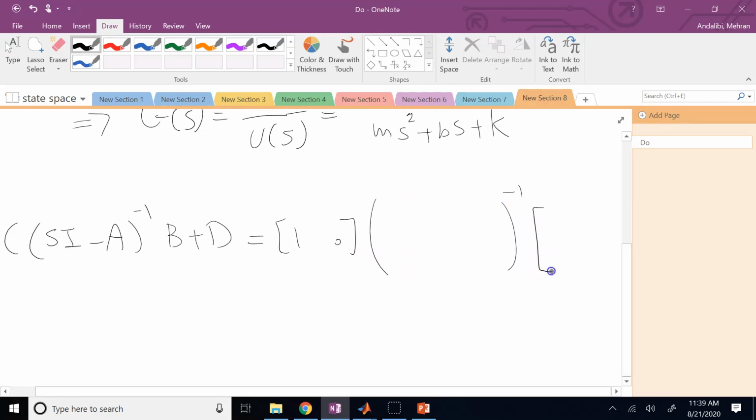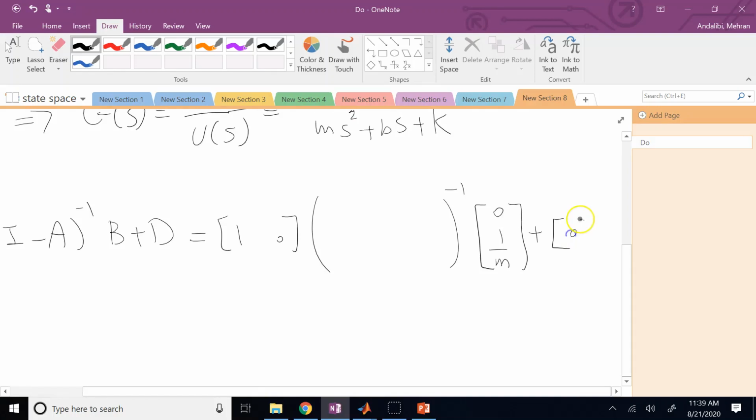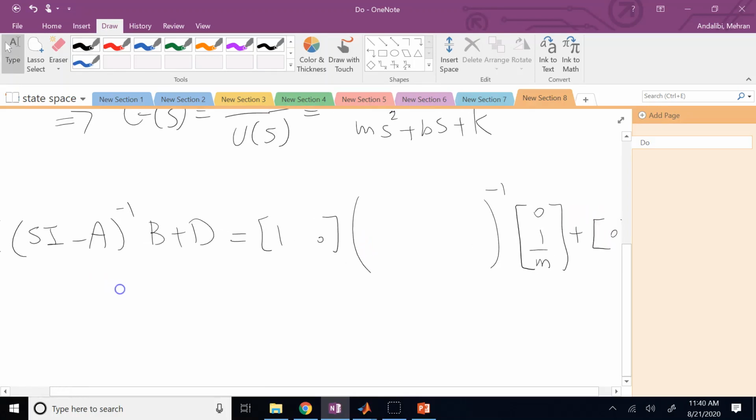B was 0 and 1 over M, and D was simply 0. A was 0, 1, negative K over M and negative B over M.